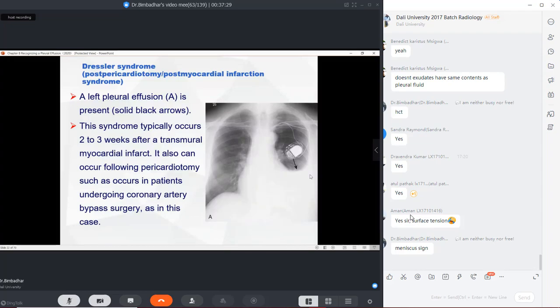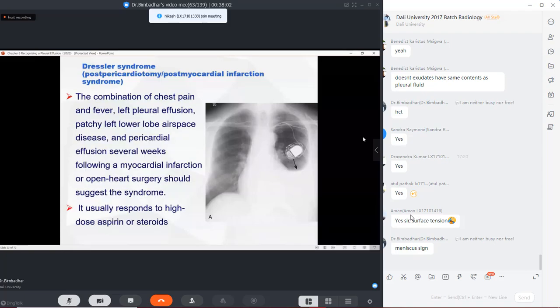The change in the shape of the meniscus indicates that it is a fluid collection but not a mass or atelectasis. Atelectasis and masses do not change their positions, but fluid does because of the gravitational pull. That's how we differentiate between a meniscus and a tumor-type hyperopacity.